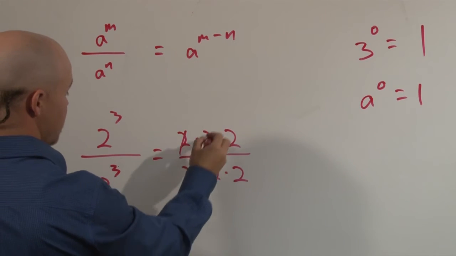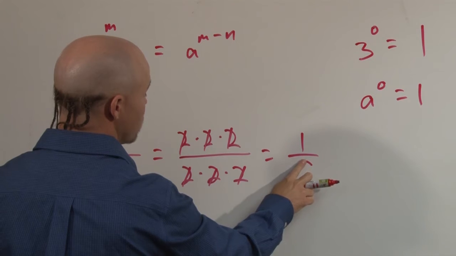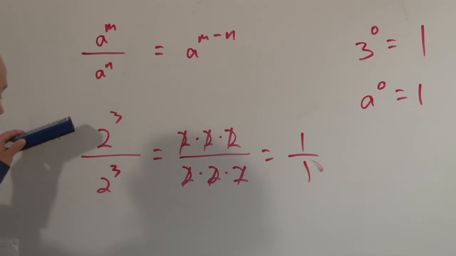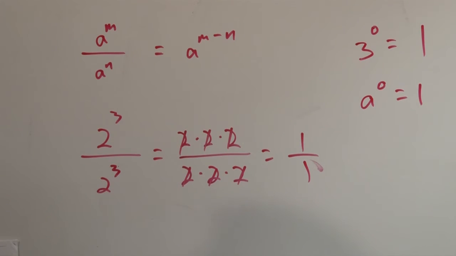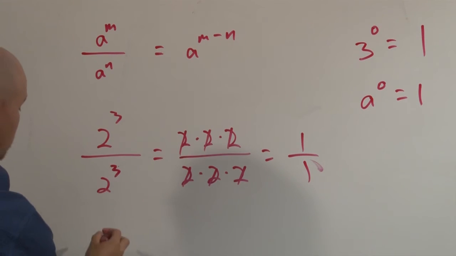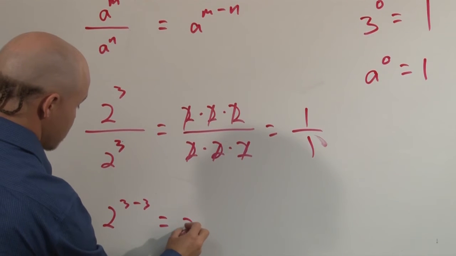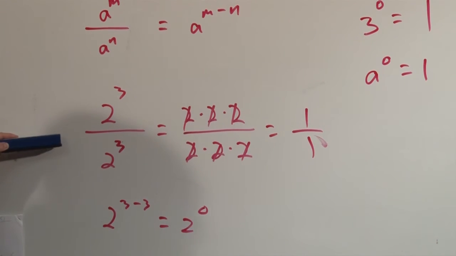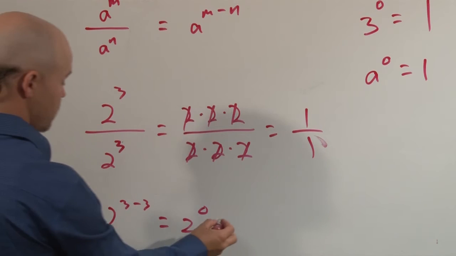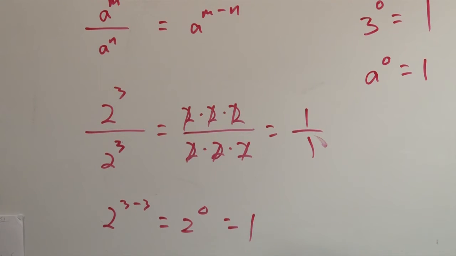Things would start canceling out, turning into 1s, and what happens when you're done, you end up having a 1 over 1. Or something over itself we know is 1. That's another way to think of this thing. So if you were looking at using this rule of the quotient rule, you're going to have a 2 to the third minus 3, which equals 2 to the 0. But for same reason, this is going to be 1, this is going to equal 1, and this is why we have this 0 rule for exponents.